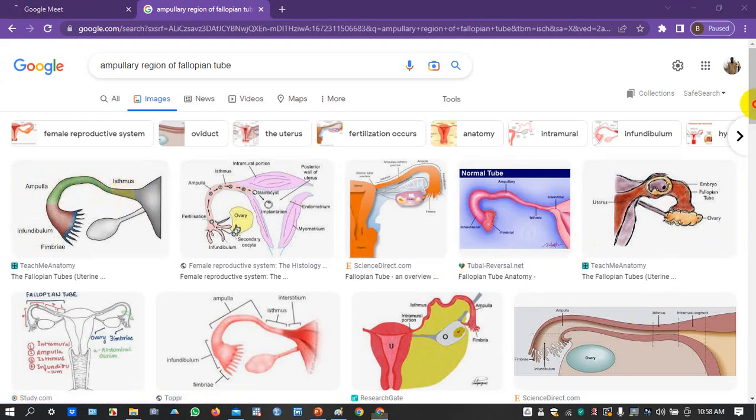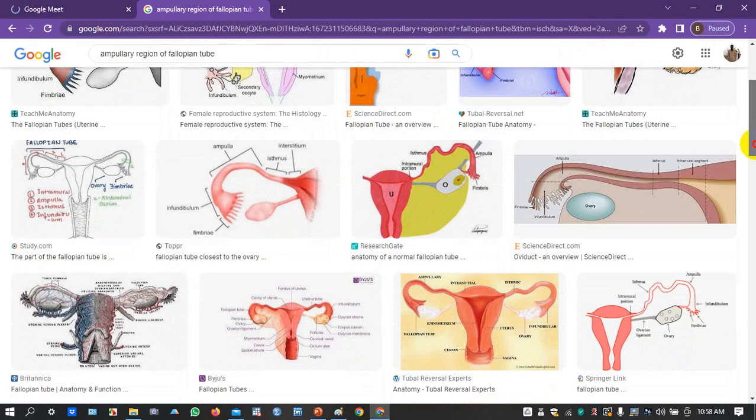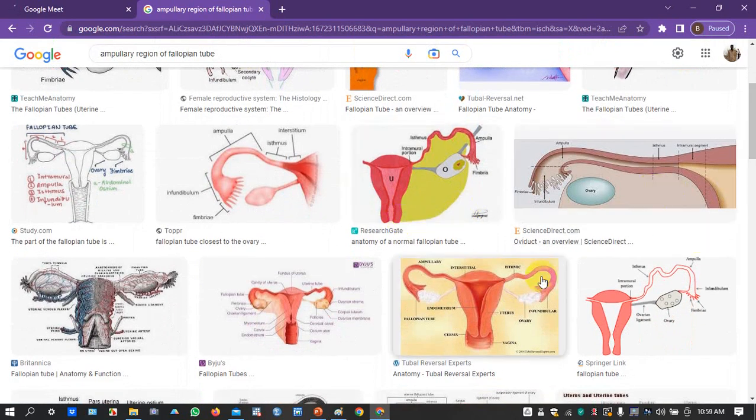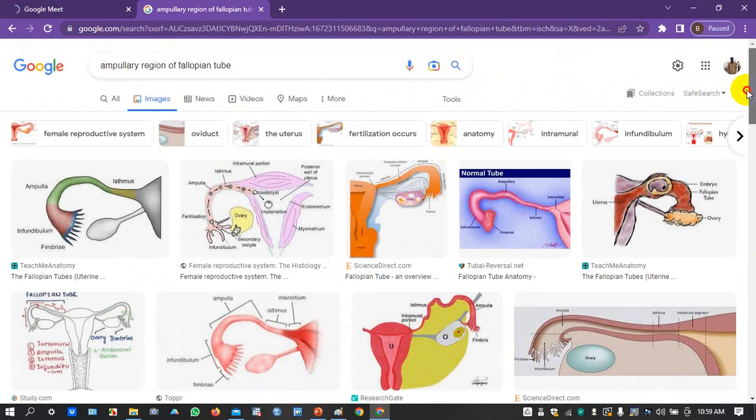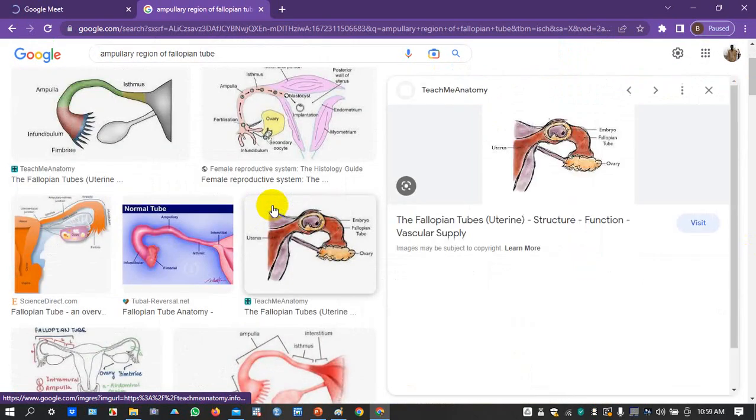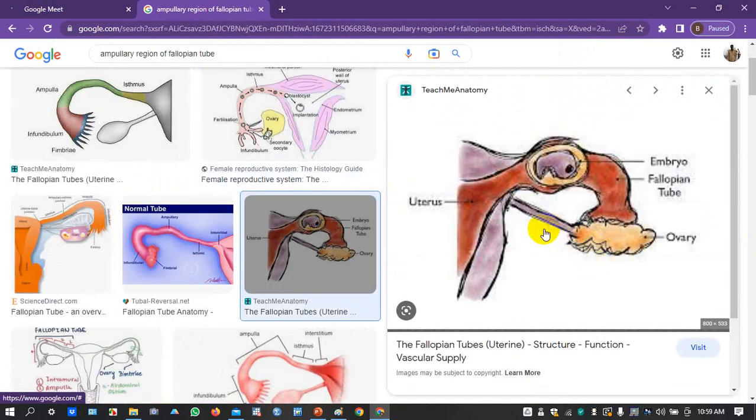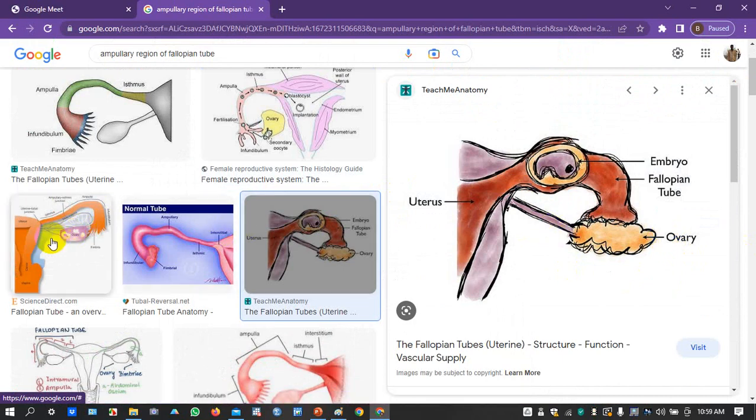So let's get a complete image which is bigger. Okay, so let's see. It seems this one is clearer. So we have an image like this.